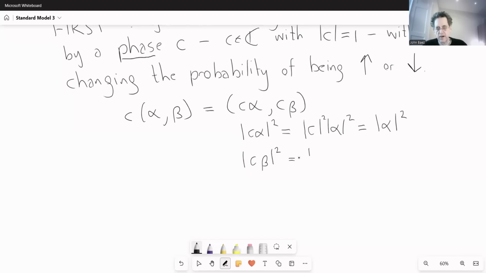The same kind of calculation works, and we see that the absolute value of C beta squared is just the same as the absolute value of beta squared. So we have not changed the probabilities at all for being up or down by multiplying the qubit by this phase.